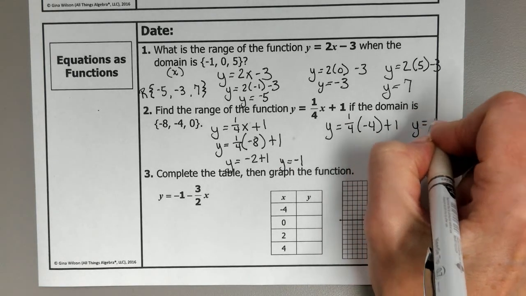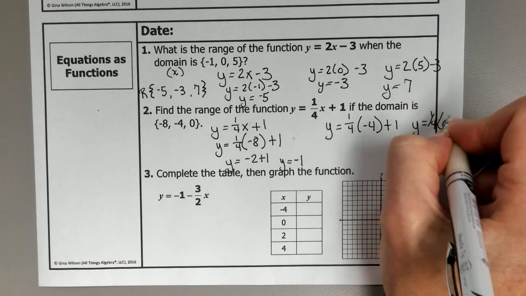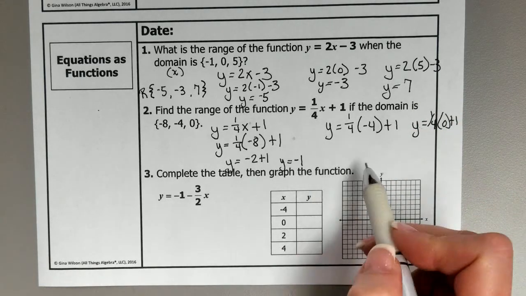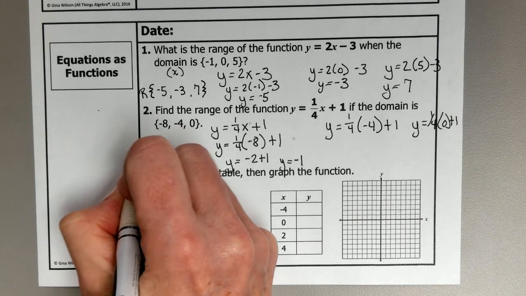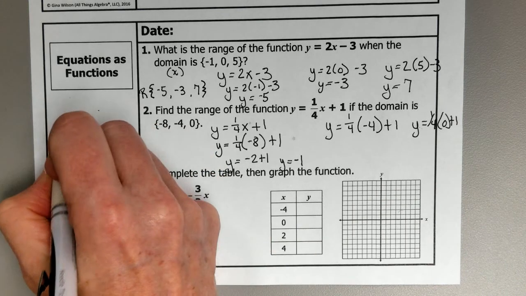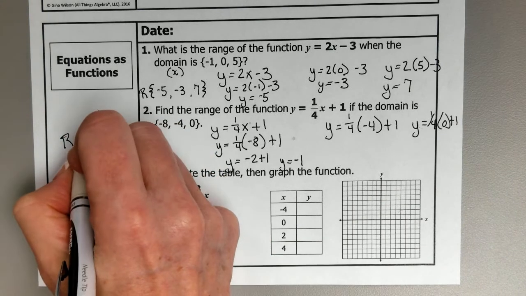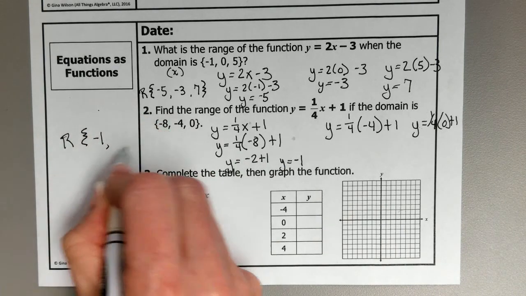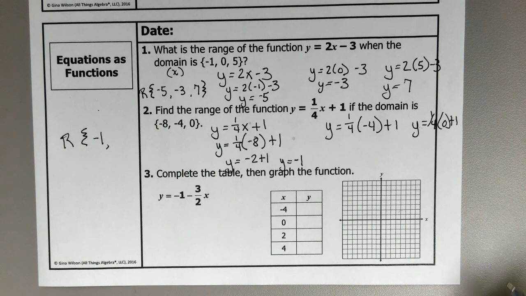And the last one, y equals 1/4 times 0 plus 1. Okay? So you work those two problems and fill it in. And then your paper will have over here to the side somewhere, you can even put it over here if you need to, that your range, the first one is -1, and then you find the second two.